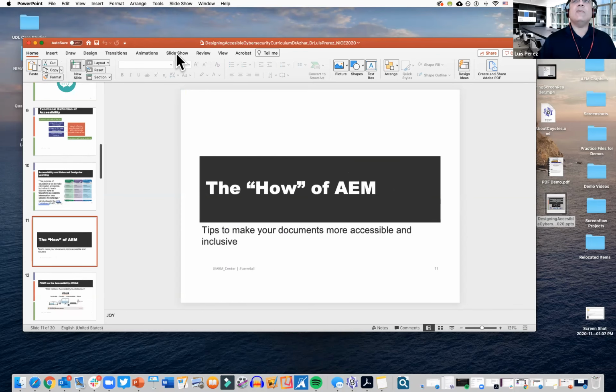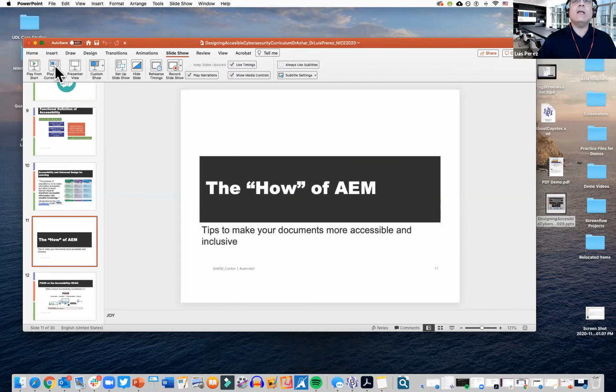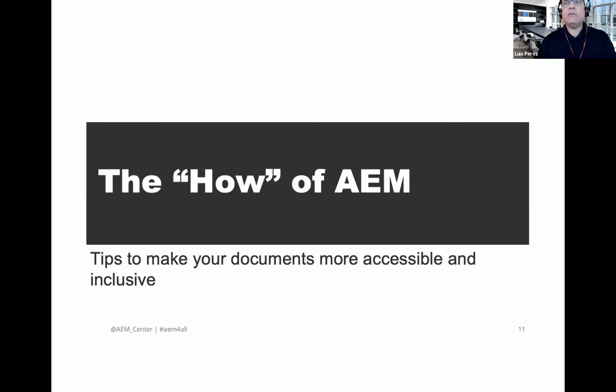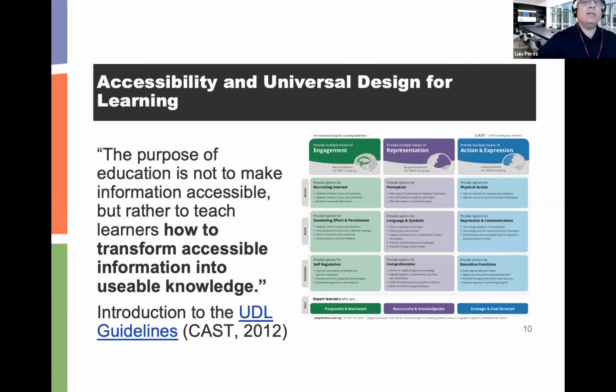Yep. Perfect. And actually, I want to go back to the previous slide, just to add a little bit to that. The reason why I chose this quote here is that when we think about accessibility, we also need to think about engagement, right? One of my mentors shared this quote with me at a presentation. He said, we want to make sure that we're not providing access to boredom.